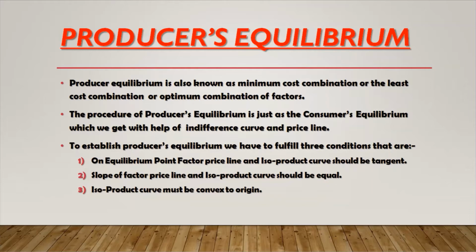To establish producer's equilibrium, we have to fulfill three conditions. At the equilibrium point, factor price line and isoproduct curve should be tangent. Slope of factor price line and isoproduct curve should be equal, and isoproduct curve must be convex to origin.